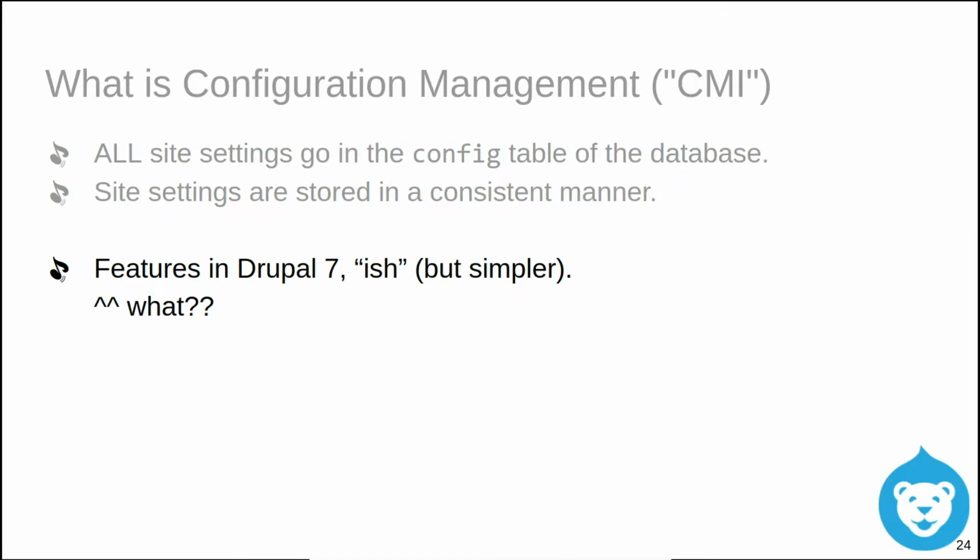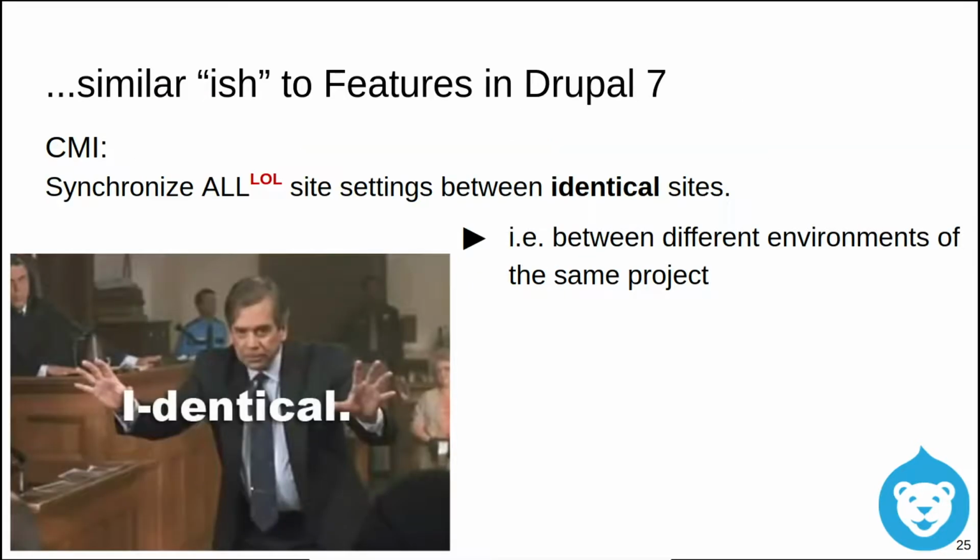Flashback to a handful of minutes ago. I did say that configuration management is sort of similar to features in Drupal 7. What did I mean by that? Configuration management will let you synchronize all site settings between identical sites that are meant to be identical.